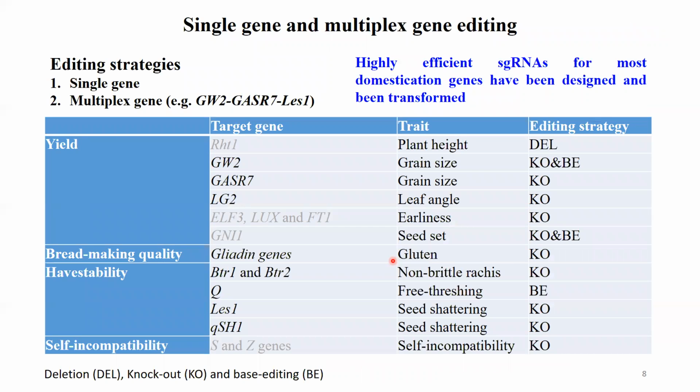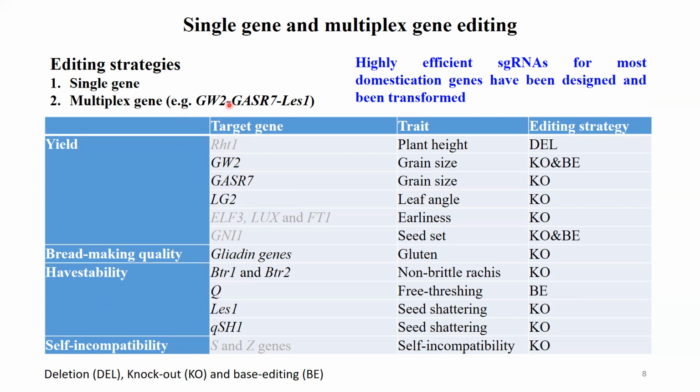When we transform sgRNAs into wheatgrass, we have two editing strategies. The first is single gene editing. In this strategy, we just transform the sgRNA of a single target gene into wheatgrass. The second strategy is the multiplex gene editing strategy. In this strategy, we transform sgRNAs of several target genes simultaneously into wheatgrass.